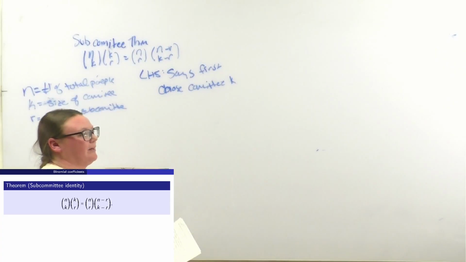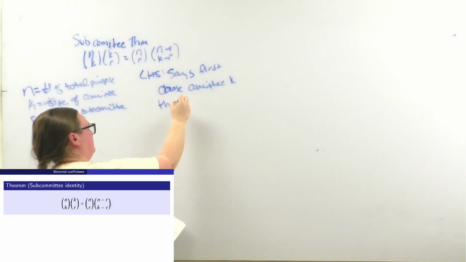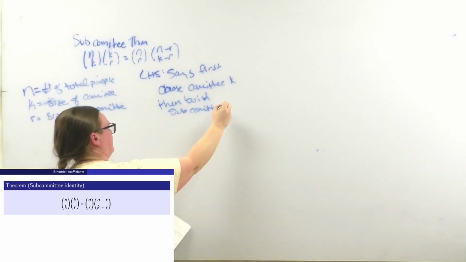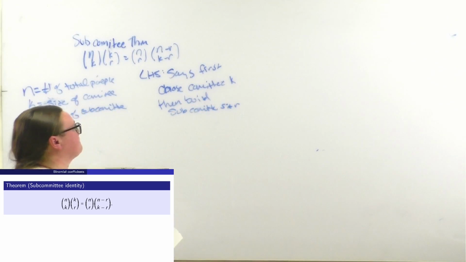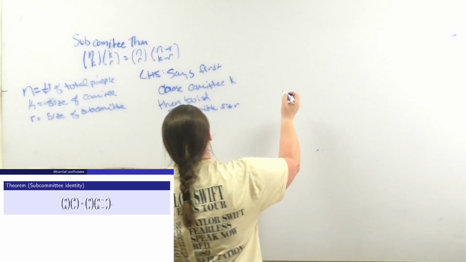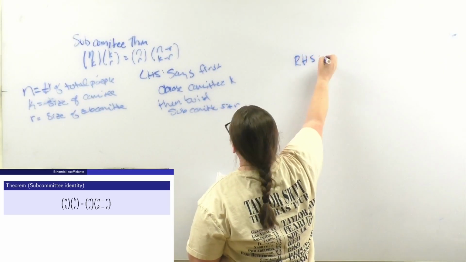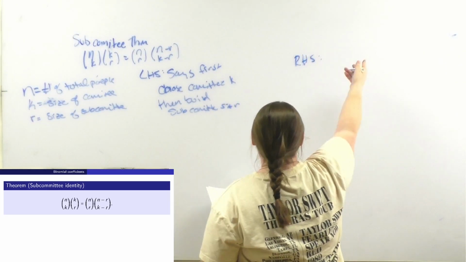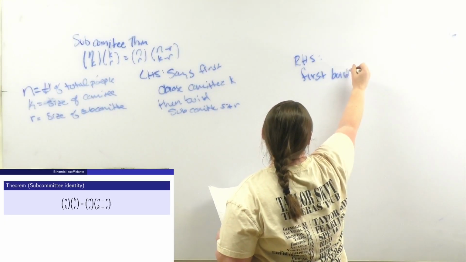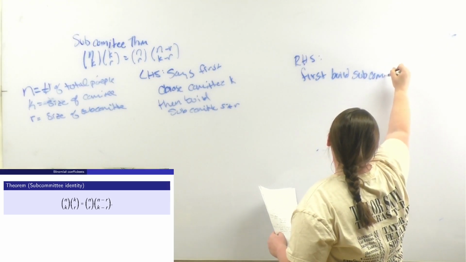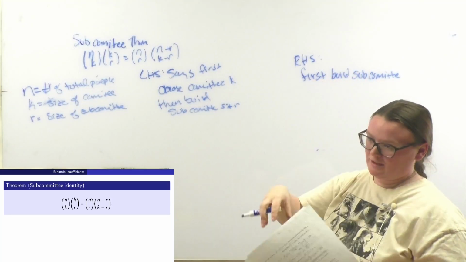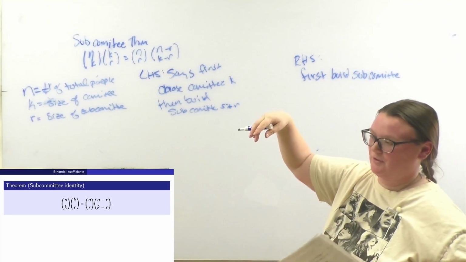And then after that, we're going to build our subcommittee of size R. Okay, and then on the right-hand side, our other option is to first build the subcommittee. And then from our smaller committee, we're going to choose more people to make our bigger committee.